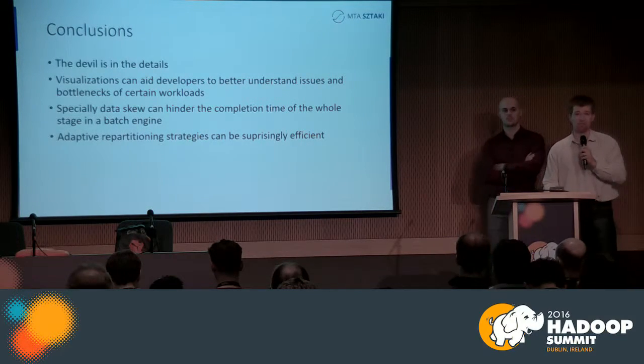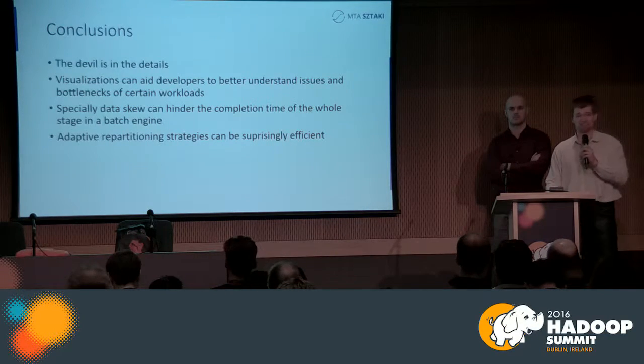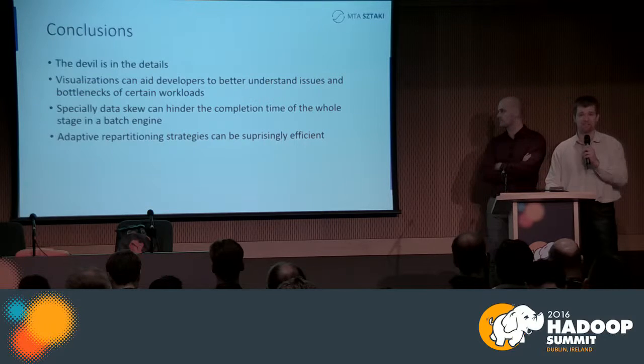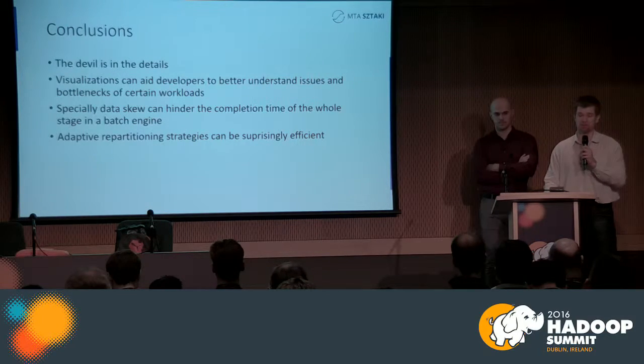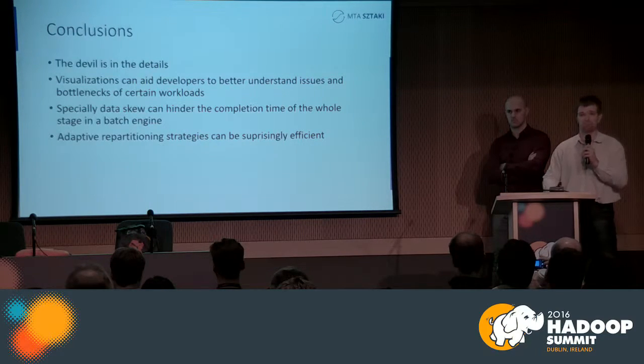So, some conclusions of the talk. When it comes to big data, usually the devil is in the details. The really small things can make your job very inefficient. And adding the right visualization tool might seem a big effort, but actually it helps you a lot in the long run.